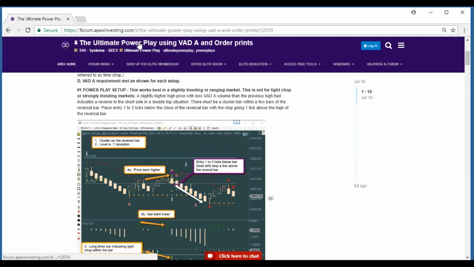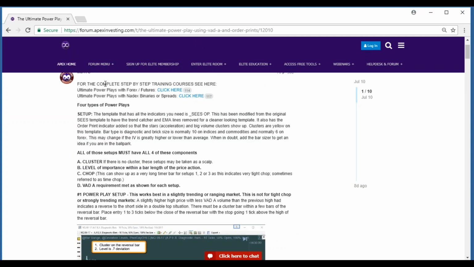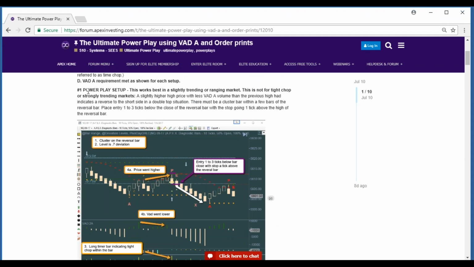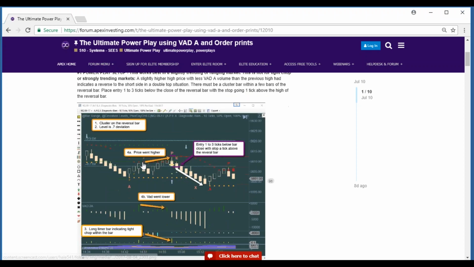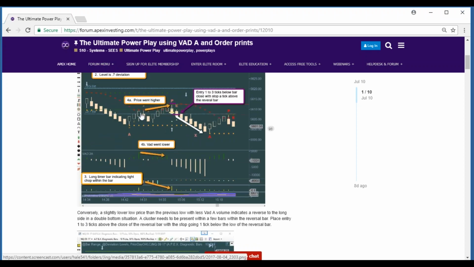We all are familiar with the Ultimate Power Play training course, right? You've probably seen this screenshot 10 million times. The number 1 power play setup, right? Market comes up, goes a little higher on less volume. This bar closes. We enter 1 to 3 ticks below it to go south, right?